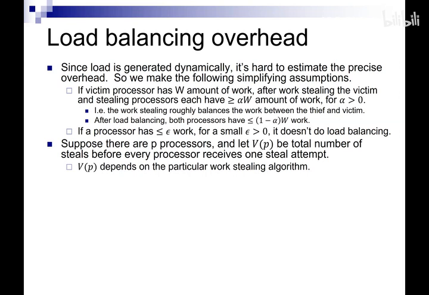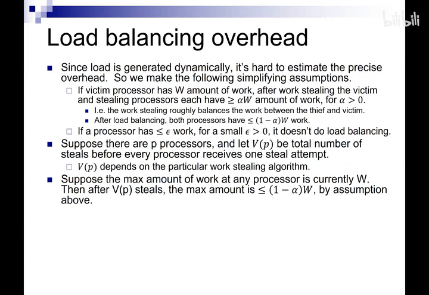But as you do more and more steals, eventually every processor will become a victim at least once. So V of P is how many steals there have to be in total before every processor becomes a victim. This depends on which work stealing algorithm we're using, so we're going to use this V of P parameter to compare these different work stealing algorithms to see which ones are more efficient.